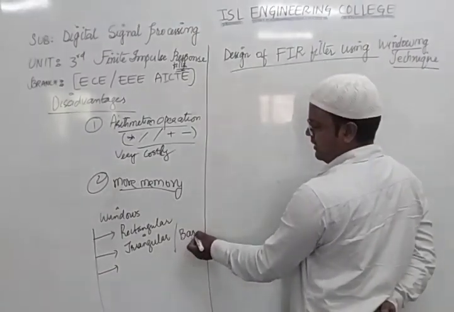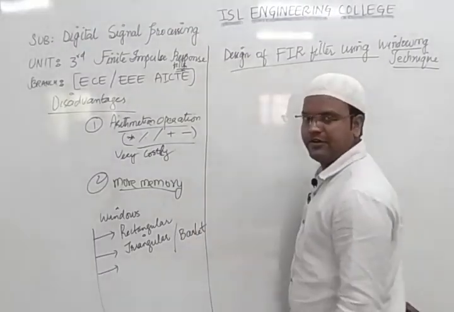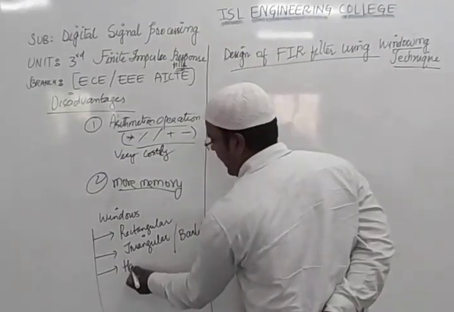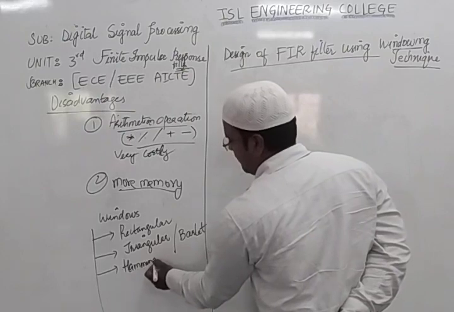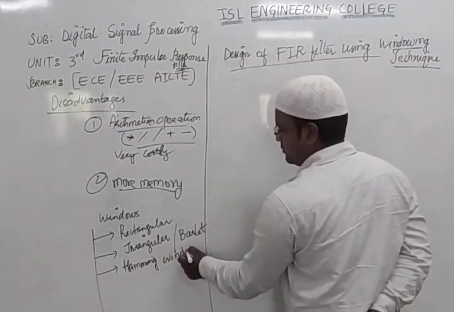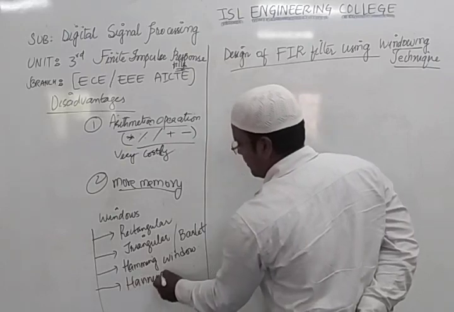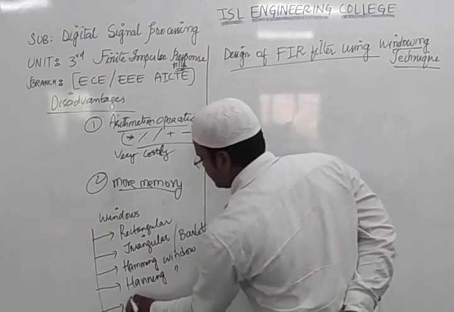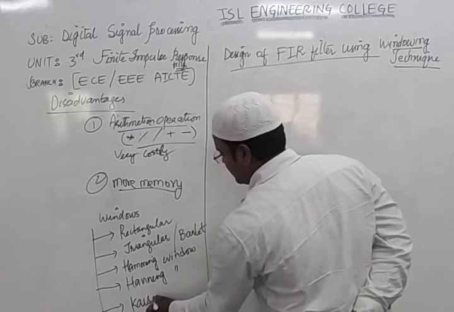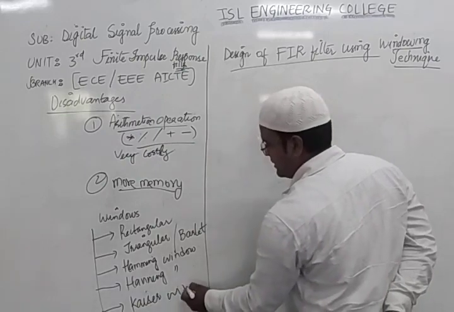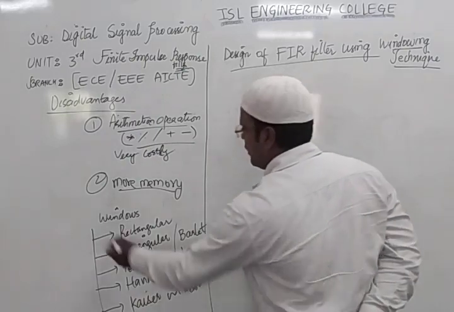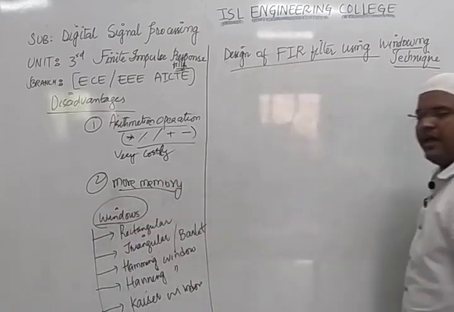Bartlett window and triangular window are both the same. Next we have the Hamming window, then the Hanning window, and last we have the Kaiser window. So these are the windowing techniques we are going to use for designing the FIR filter.